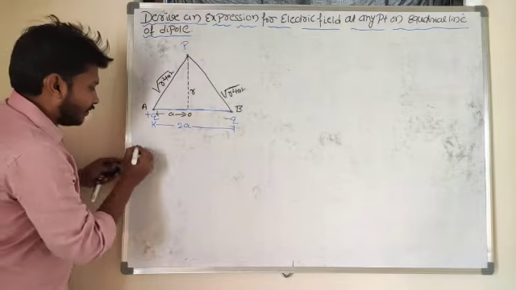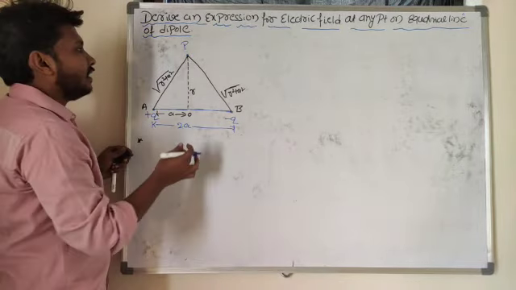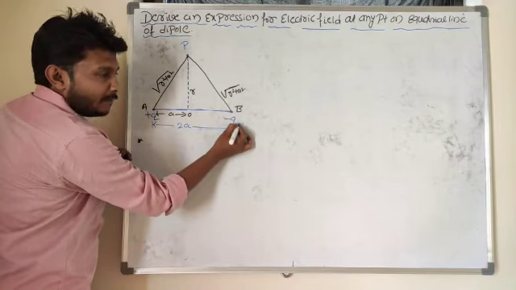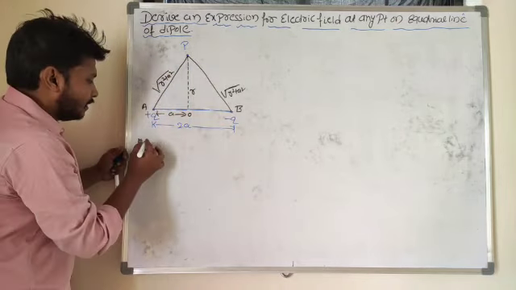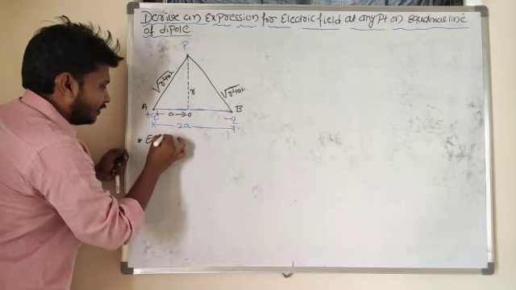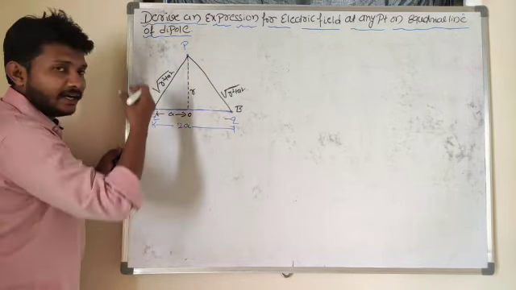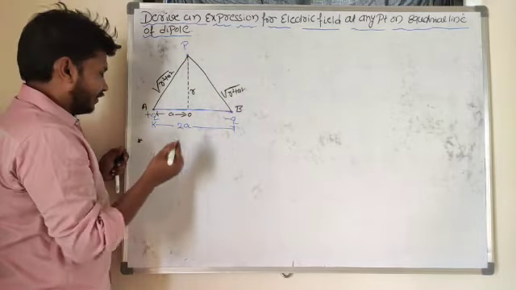So first I will calculate the electric field value due to the plus q charge and due to the minus q charge at point P. So first I will consider that electric field. I will consider only the magnitude of electric field. Later I will consider the direction basis.